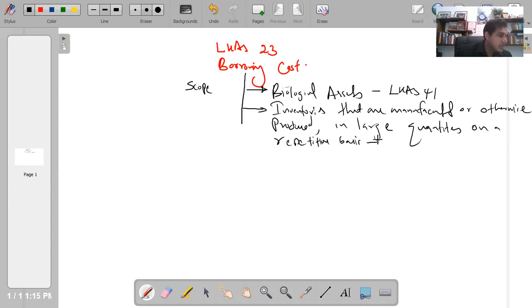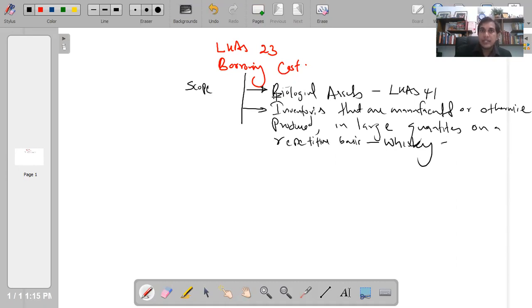For an instance, manufacturing of whiskey, an alcoholic product. So it could be manufactured on a repetitive basis in large quantities.